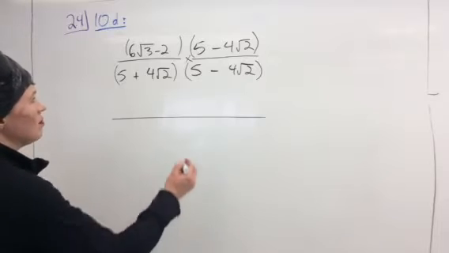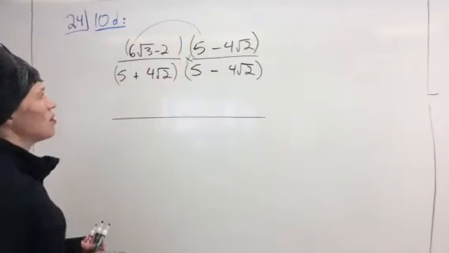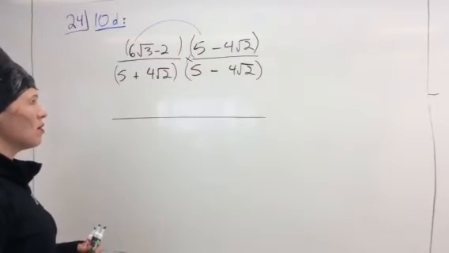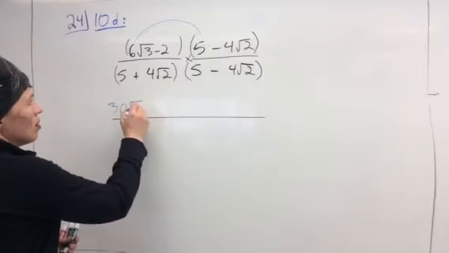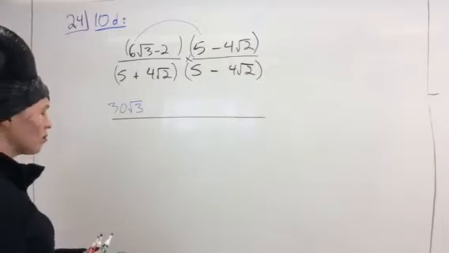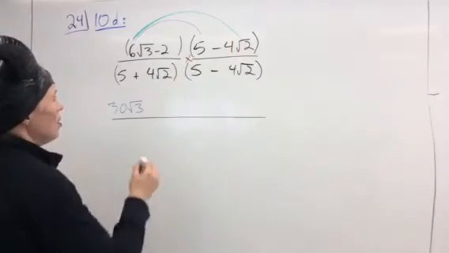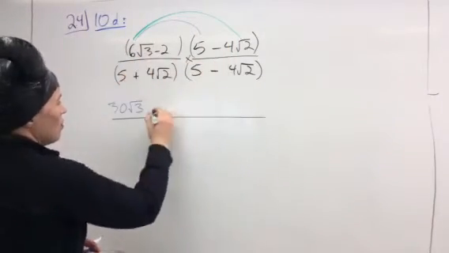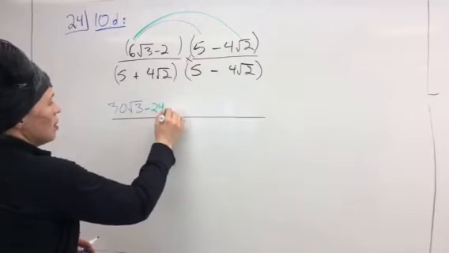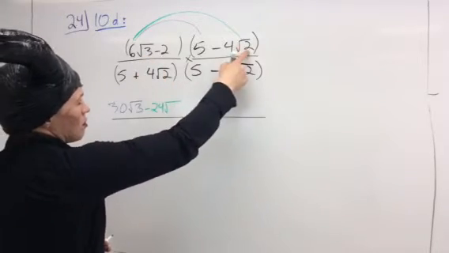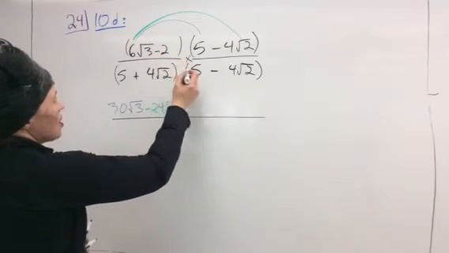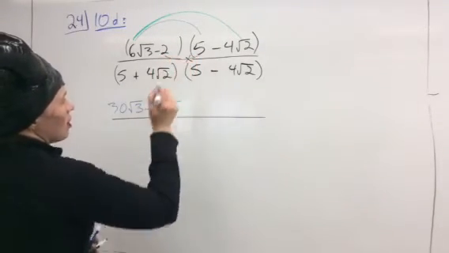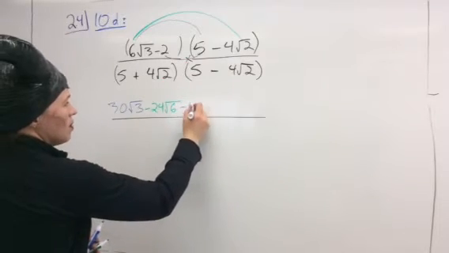So let's get started. My first, 6 root 3 times 5 is going to give me 30 root 3. Outside, 6 times negative 4 gives me negative 24, and then root 3 times root 2 gives me root 6. Inside, I've got negative 2 times 5, so negative 10 root 2.